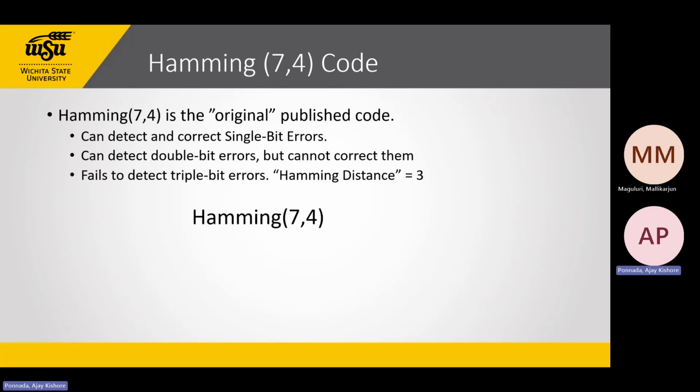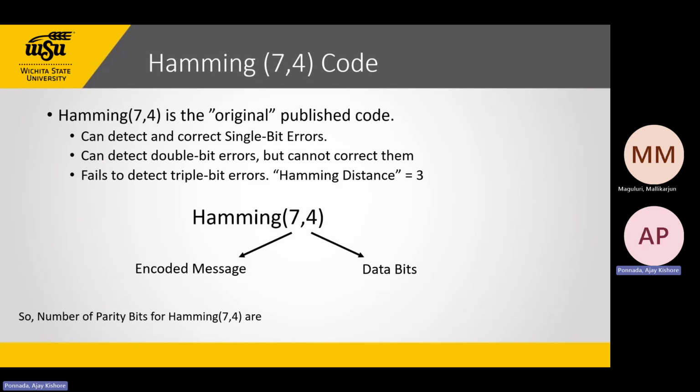So Hamming 7,4. The 7 is called the encoded message, so we have 7 bits in our message, and we're going to have 4 data bits. The number of parity bits is 7 minus 4, which is 3.